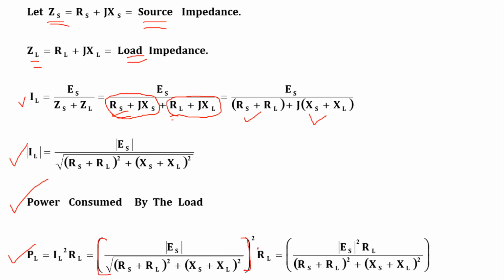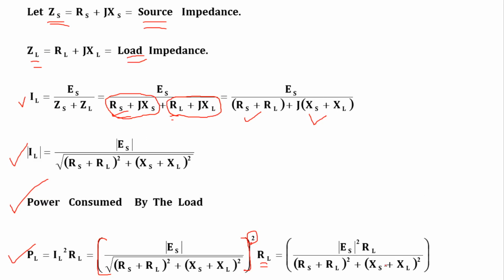This is the value of IL and this is its square, multiplied by RL. After simplification we will get PL equal to mod ES square into RL. The square root and square have cancelled out. So in the denominator you will get (RS plus RL) whole square plus (XS plus XL) whole square.